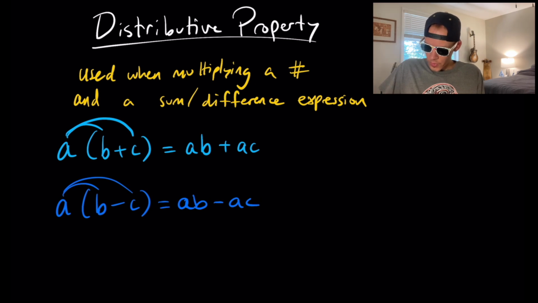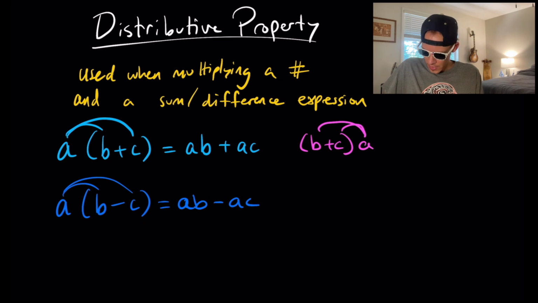You'll also see it sometimes, really not ever, but the distributive property works the other way around, or if we use the commutative property, the ordering of our two terms, if we change the order, the distributive property will work the same way. So what I mean by that is if I put B plus C first and then times A, we can just distribute going to the left, and it works the same exact way.